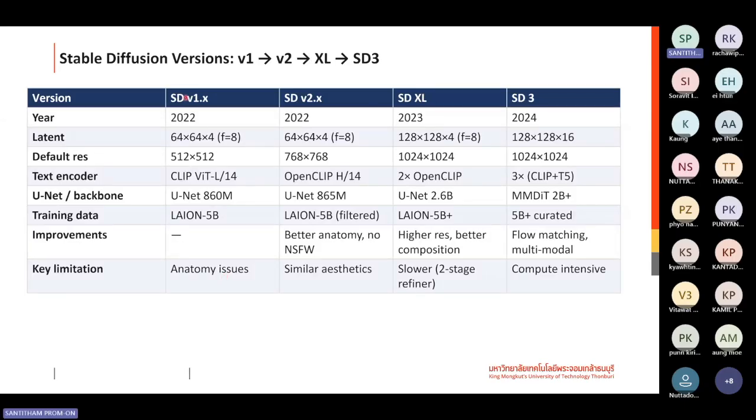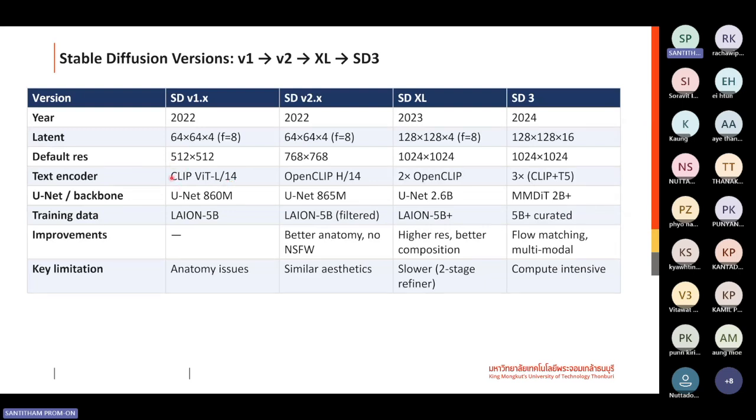Let's look at SDXL. So what I showed you earlier is SD 1.4, 1.5, and the architecture is like this. Before we move on, you may already know this is the latent dimension, the input resolution. What is CLIP ViT-L/14? This is the encoder part, the text encoder part.